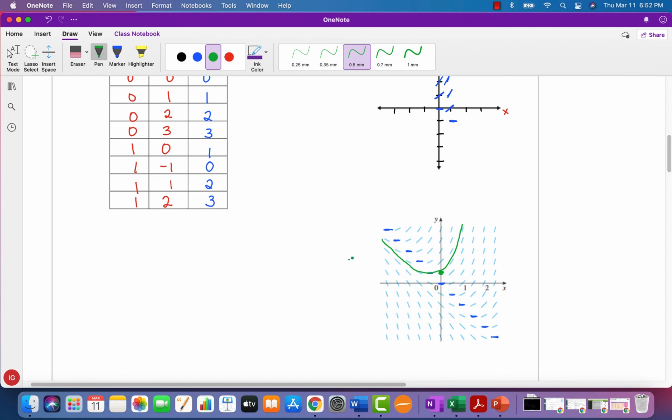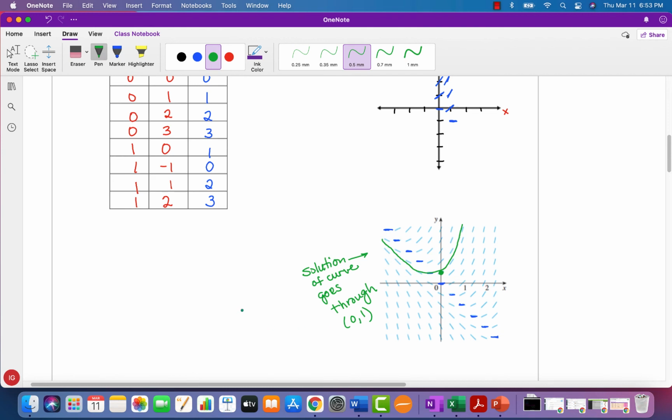Alright, so I'll make a note here: the solution of the curve goes through (0, 1). So it has to go through the condition that they give you in the problem, and then you can follow the path or the direction of the little slopes of the slope field.